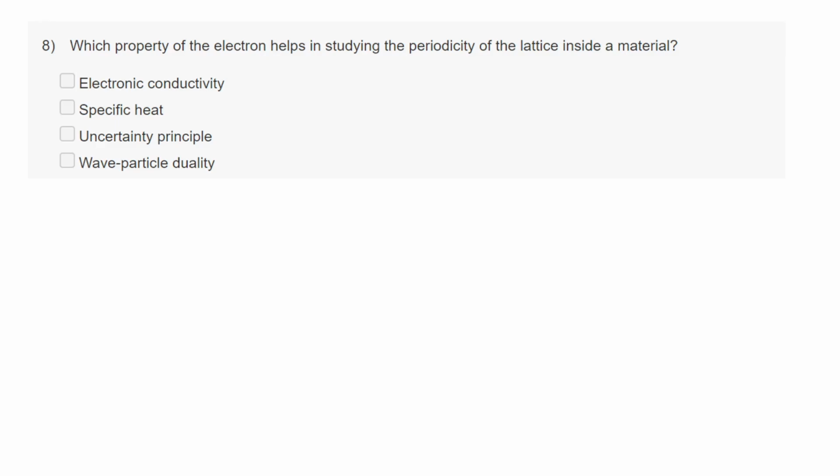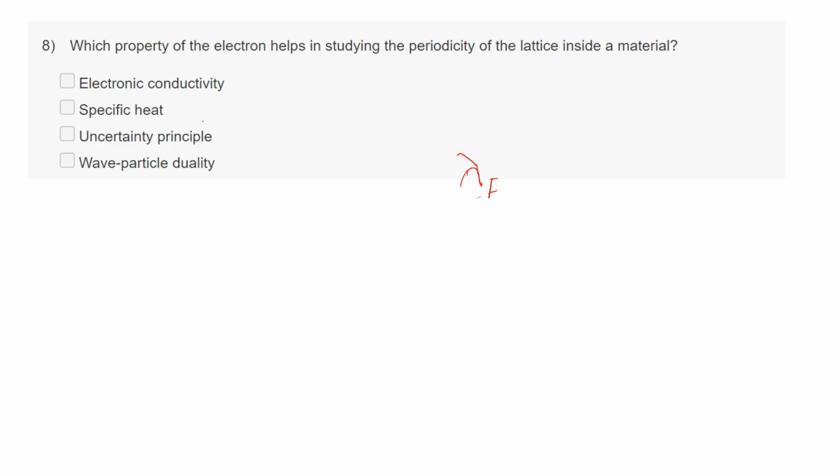Which property of electrons helps in studying the periodicity of the lattice inside a material? The periodicity of a lattice inside a material is determined by the value of its lambda f.